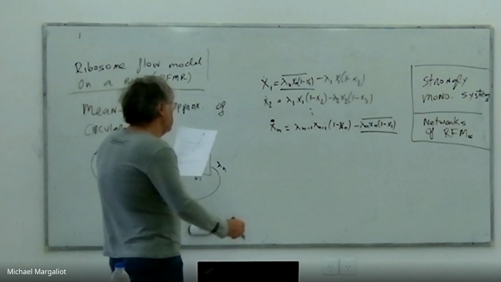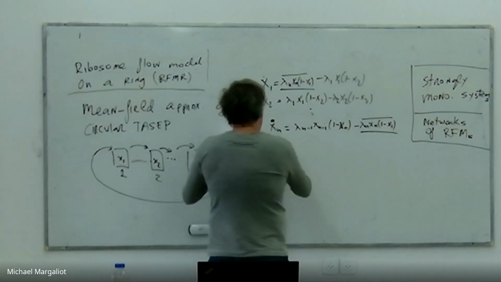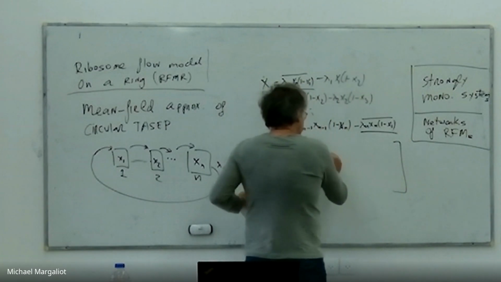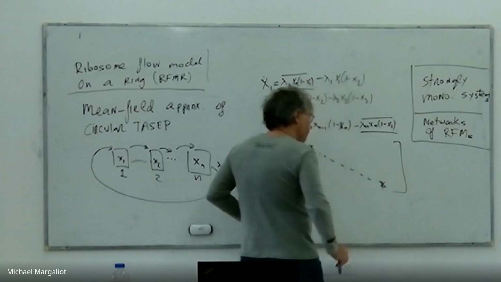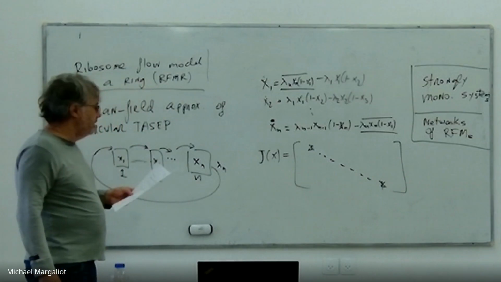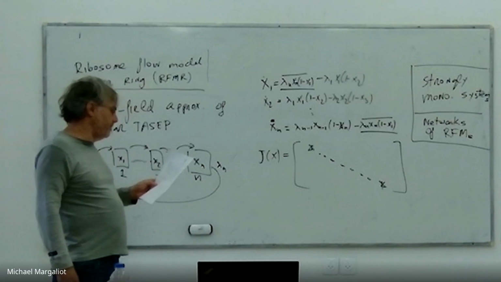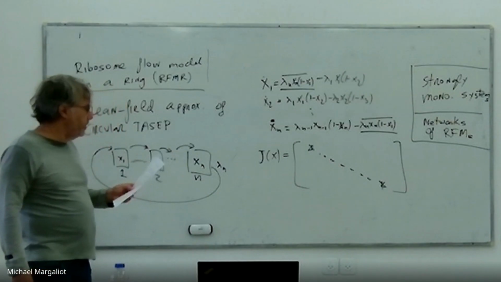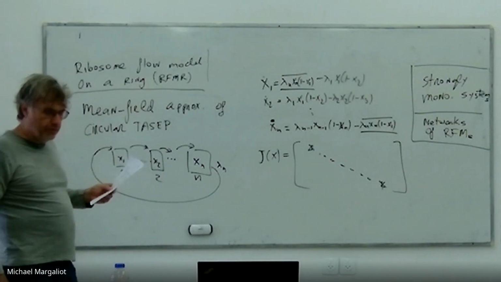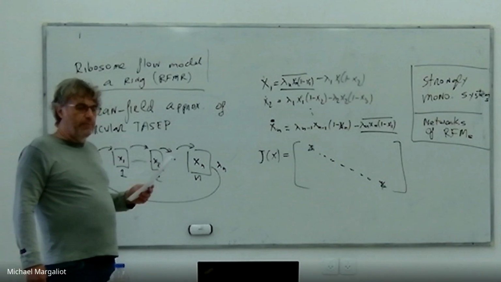Now we can compute the Jacobian of this system. I will ignore the diagonal entries because I just want to show you that this is a cooperative dynamical system. To show that, I just have to show that the Jacobian is Metzler for every point in the state space.